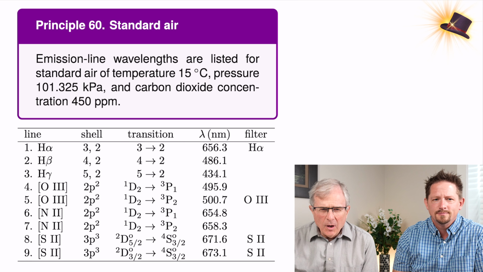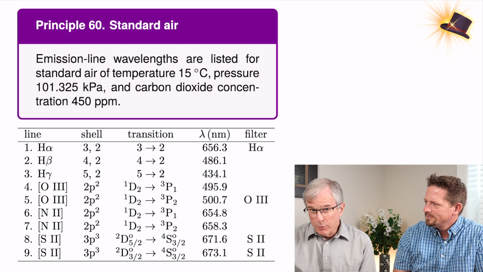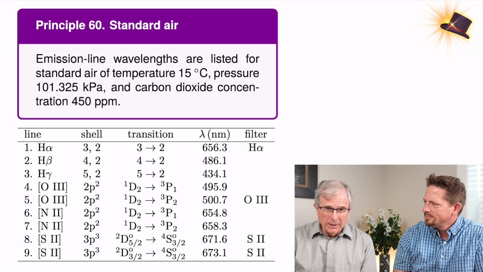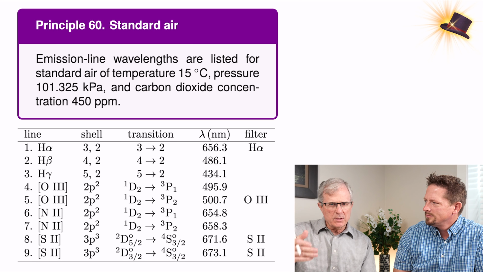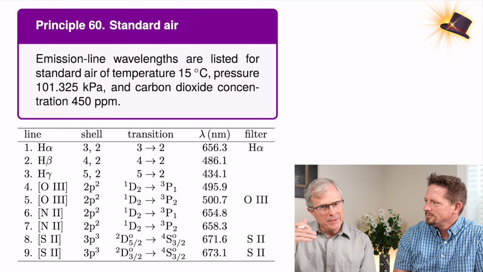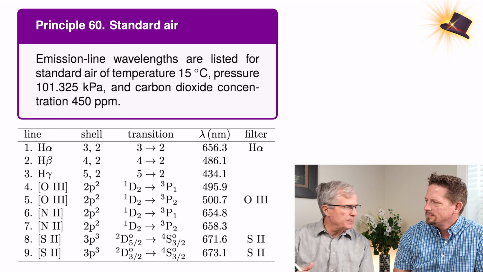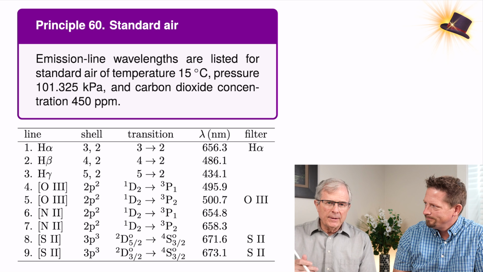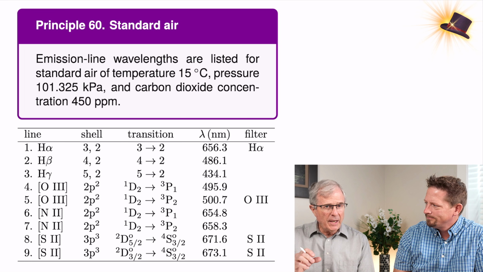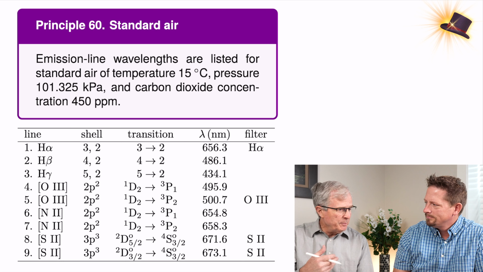So we talked earlier about dispersion of light, which means that the speed of light in a material such as glass or water or even air is going to be less than the speed of light through vacuum.